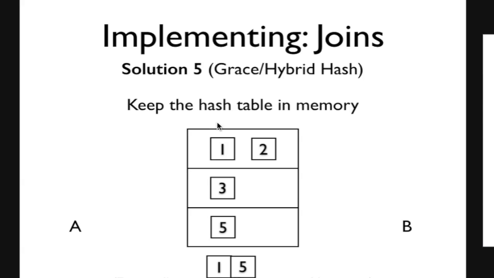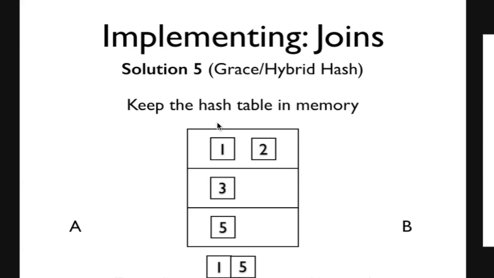So one joins with one. 1 and 2 might fall into the same hash bucket. 1 doesn't join with 2. 3 doesn't join with 4. 5 joins with 5, and 6 doesn't join with 5. So again, you're doing a little bit of organizational effort. You're organizing all of the elements of A, and then as you're scanning through B, you can look up the corresponding elements of A.